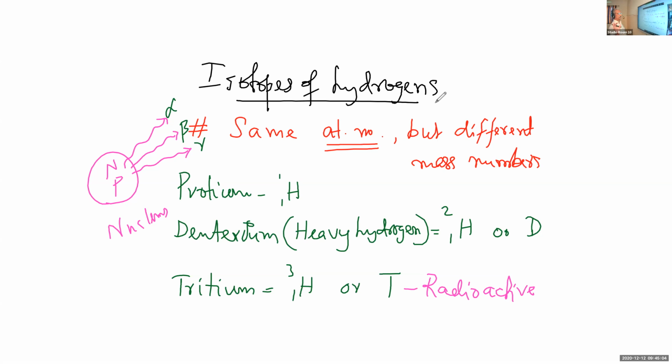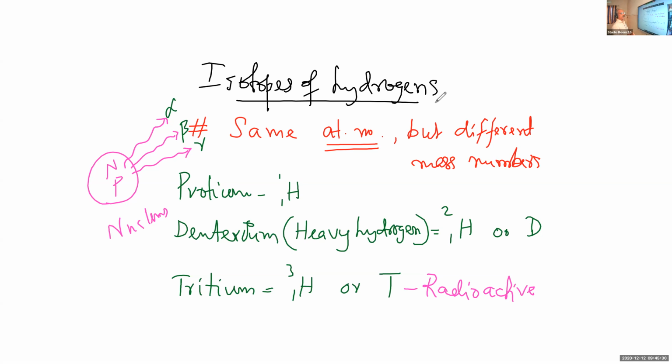There may be alpha or beta emission, and after that, the excess energy is given out as gamma rays, which are energy radiations. Alpha rays are the nuclei of helium.